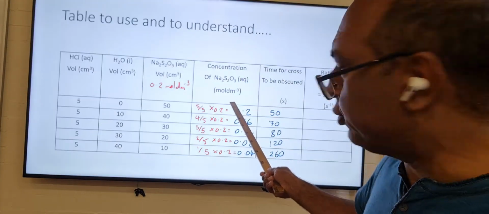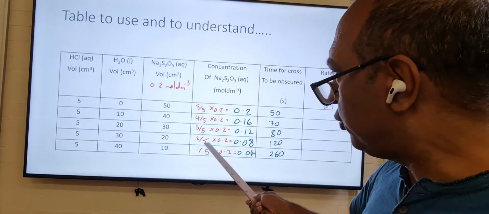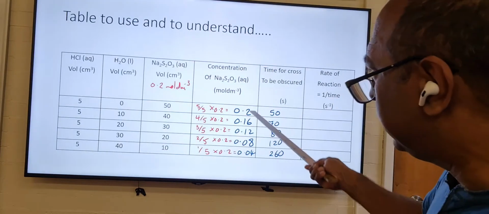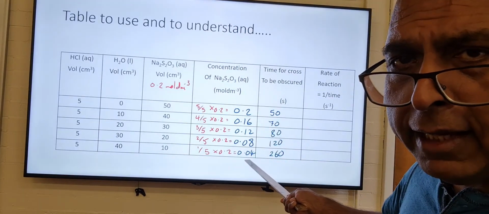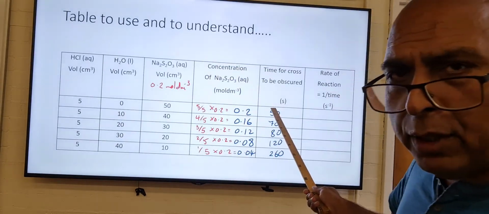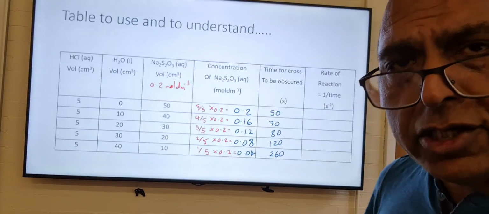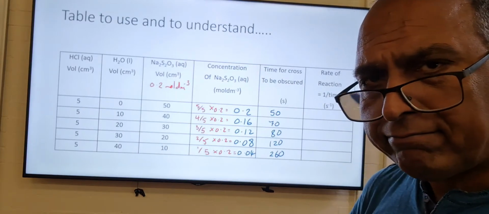That's the units of concentration. Similarly, the third experiment, 3/5, 2/5, 1/5, giving us concentrations in blue down there that you can read off. These blue timings are the timings that I got when I did the practical.